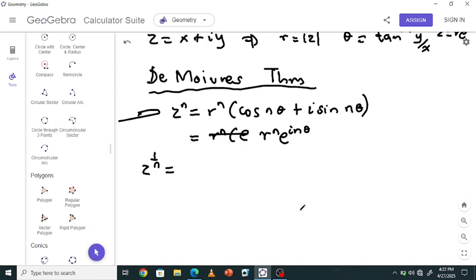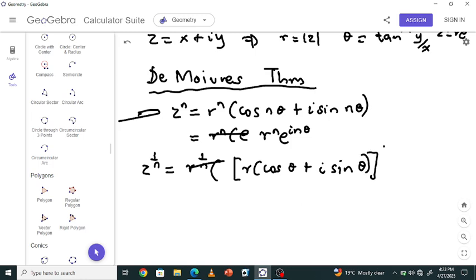It means our nth root, z power 1 over n, is equal to r into cos theta plus I sin theta, raised to power 1 over n.